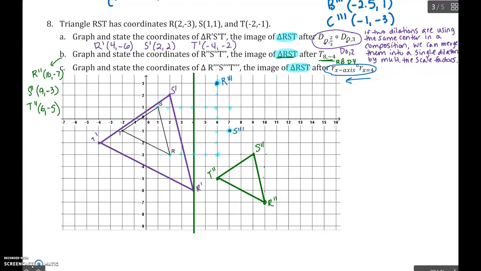And then finally the same thing with T. We'll start at the original T, 1, 2, 3, 4, 5, 6, 1, 2, 3, 4, 5, 6, and then reflect over the x-axis to get to this point here. And that will be our R triple prime, S triple prime, T triple prime.